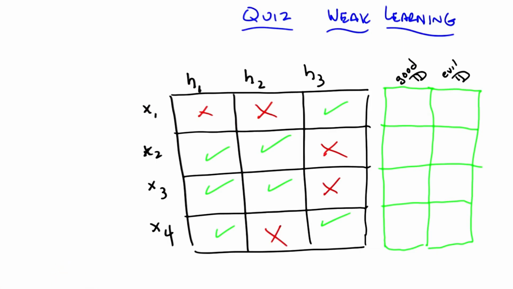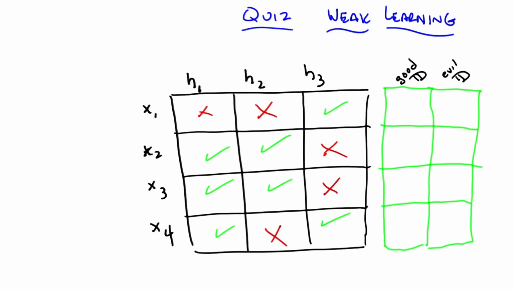So here's a little quiz that I put together to test your knowledge. I've got a little matrix here, a table. Across the top are 3 different hypotheses: hypothesis 1, hypothesis 2, and hypothesis 3. Your entire hypothesis space consists only of these 3 hypotheses. Your entire instance space consists of only 4 examples: x1, x2, x3, and x4.